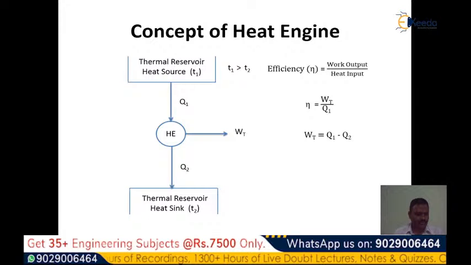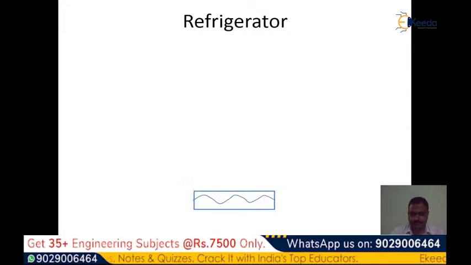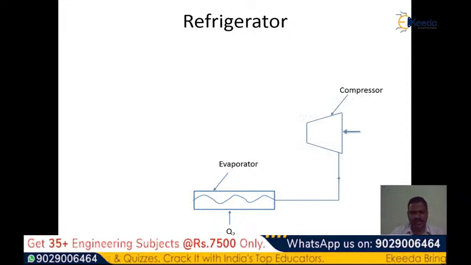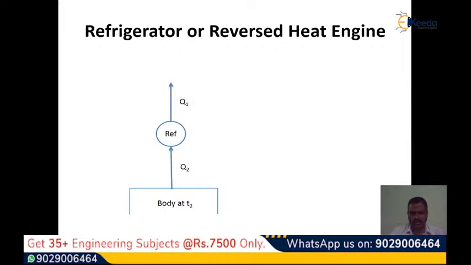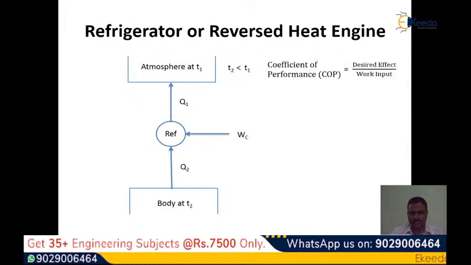Efficiency is work output divided by heat input. I will show the concept of COP. When you come to COP, the desired effect means here we will have this Q2, so Q2 divided by WC, whereas efficiency is W divided by heat supplied.